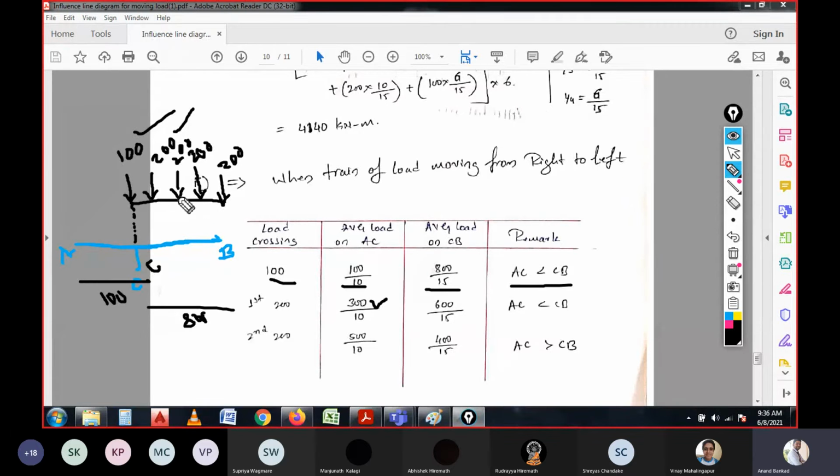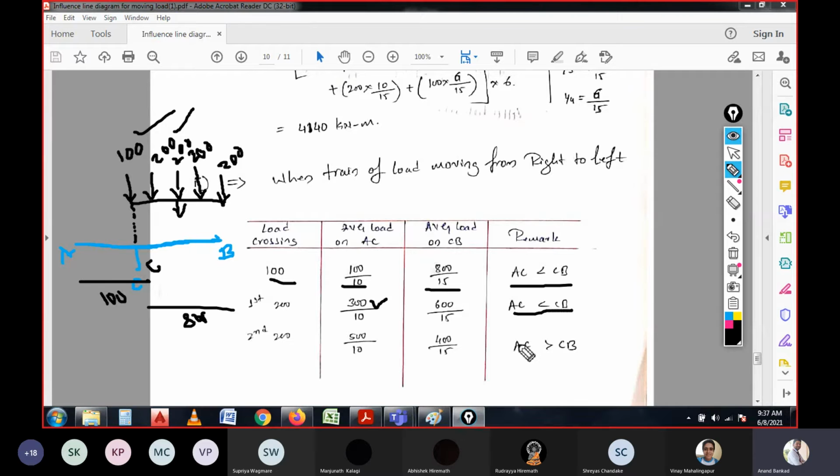Again, when the second 200 kilonewton load is on the section C, on the span of AC you will be having 100 plus 200 plus 200, a total of 500 kilonewton load on the section AC, and the remaining 400 will be on the section CB or BC, you can say.